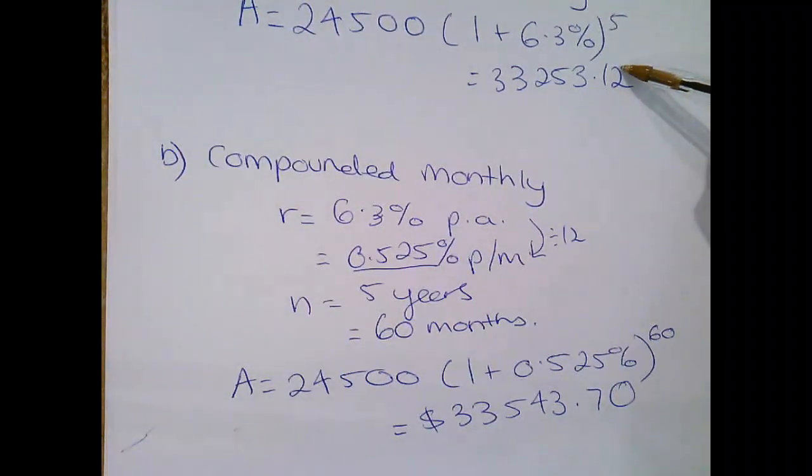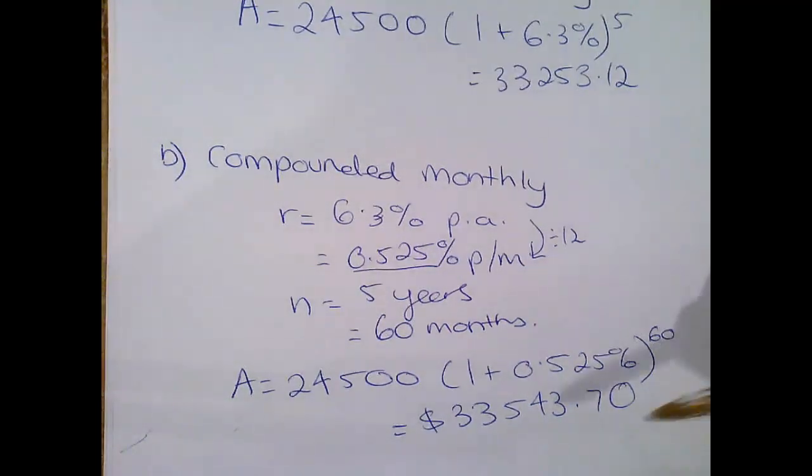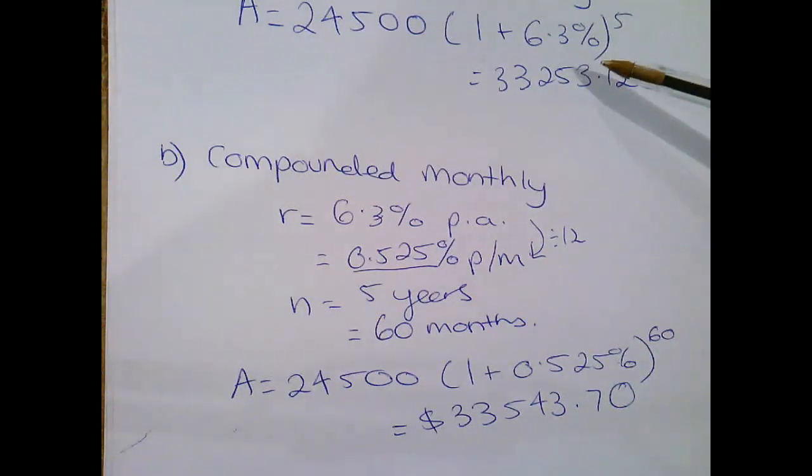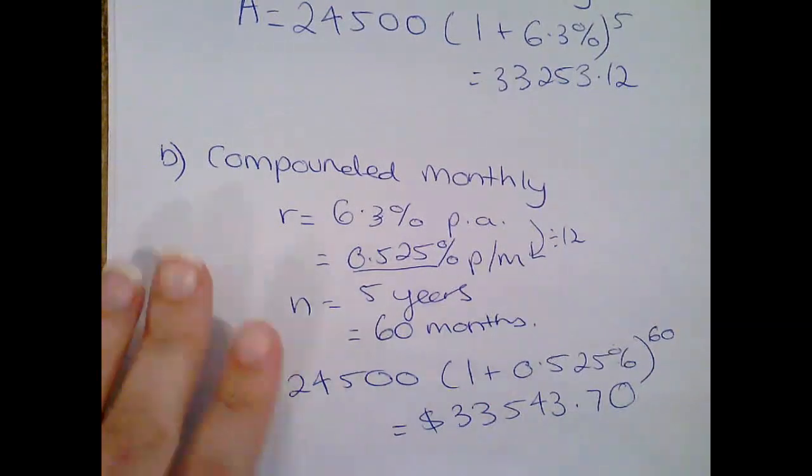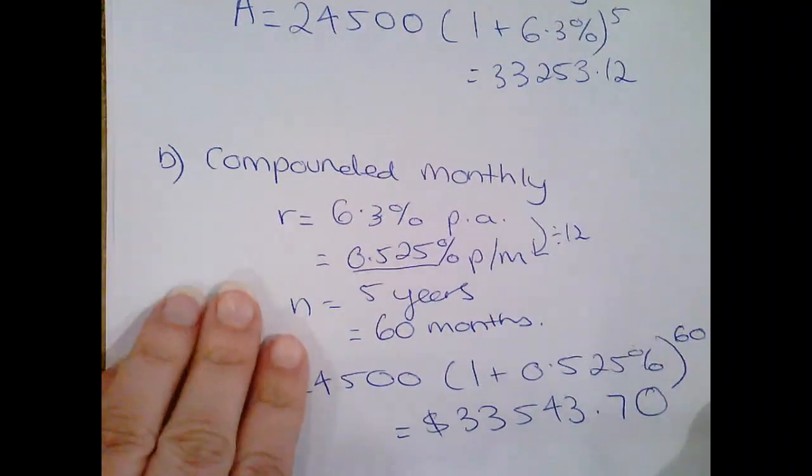This was if we compounded per year, and this is per month. So because we are compounding those extra time periods, this time 12 times a year instead of once a year, we end up with almost an extra $300 at the end of 5 years, which doesn't sound like a lot, but you can imagine when we're looking at things that have bigger amounts or bigger interest rates or more compounding time periods, you can actually end up with a lot more money.